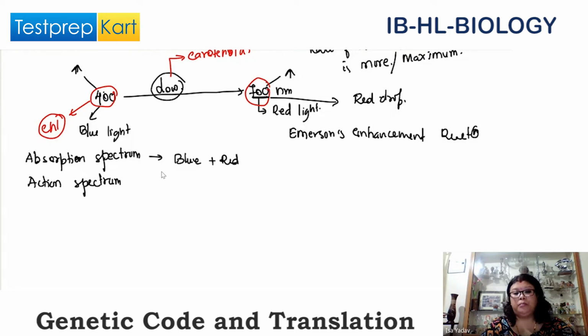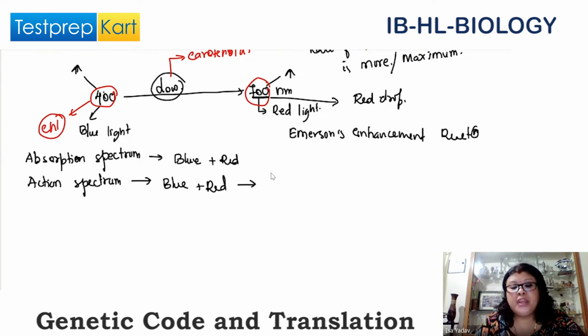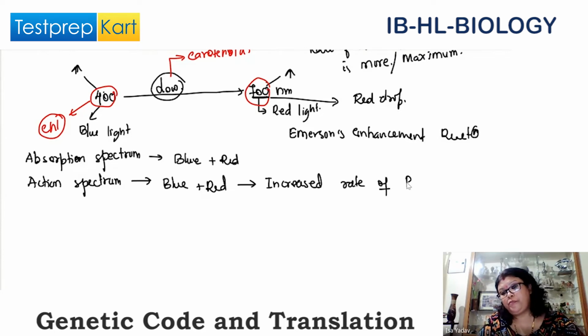Action spectrum is in blue and red light only, but here what we will see is that in blue and red light we see an increased rate of photosynthesis.